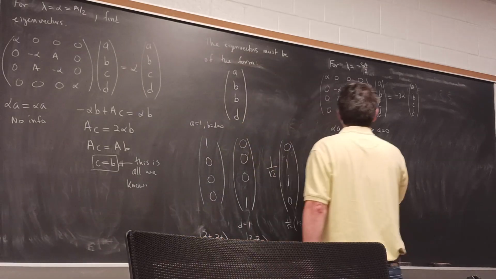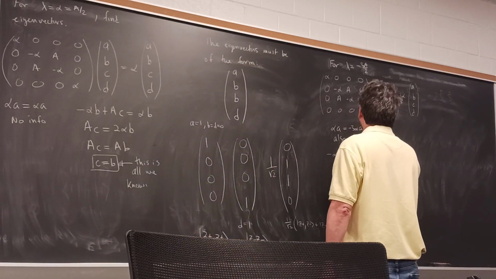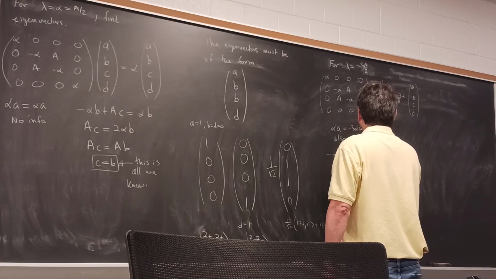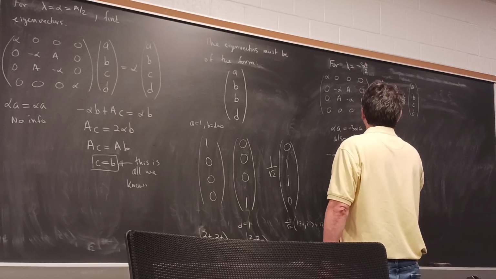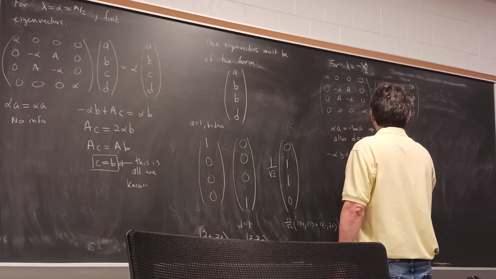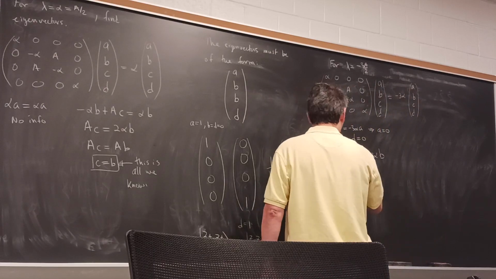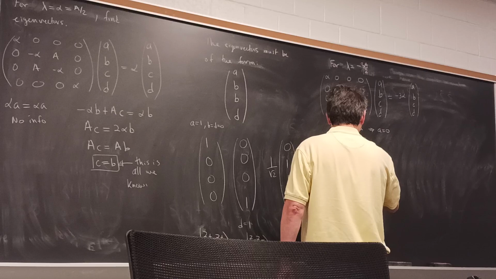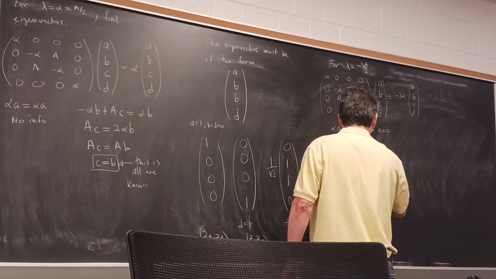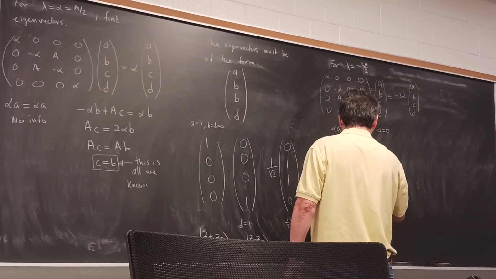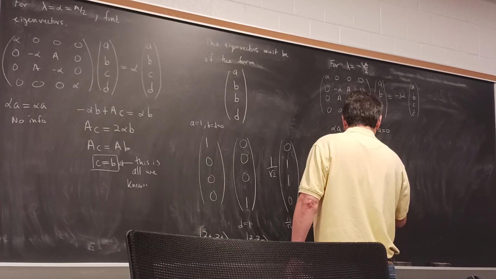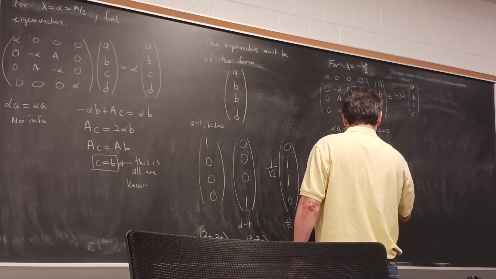And then in the middle we'll have minus alpha b plus a c is equal to minus 3 alpha b. So I can bring this to the other side, so we'll have a c is equal to minus 2 alpha b, or c is equal to minus b.